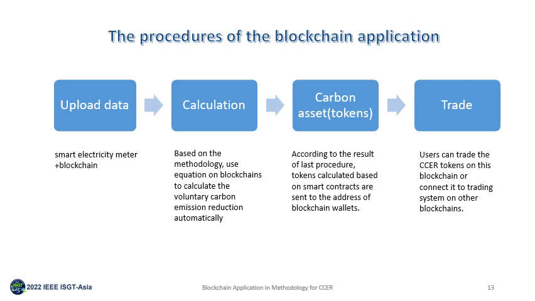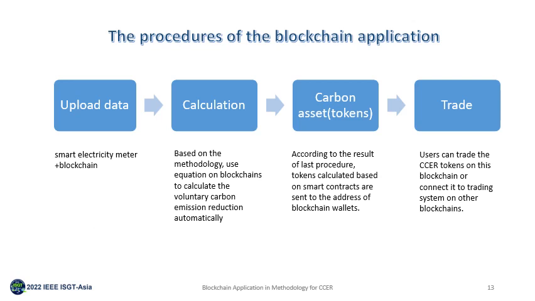Next, based on the methodology, use equation on blockchains to calculate the voluntary carbon emission reduction automatically. One further implementation is using smart contracts to deploy the integration of CCER and Oracle to read the local carbon dioxide emission factor from a trusted data source, so that the final CCER asset has more credits.